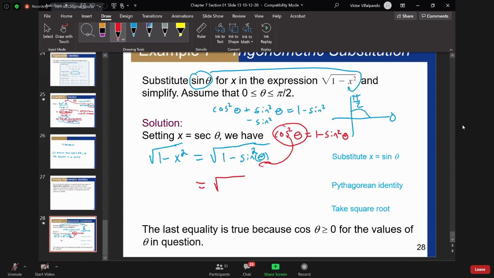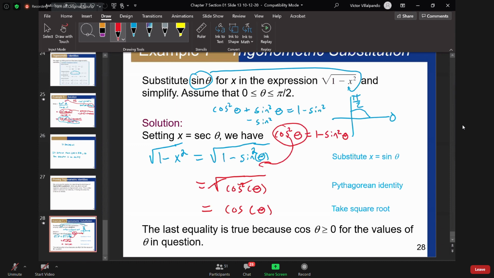We get the square root of cosine squared of theta. And then what's going to happen with the square root and the square, which gives us a hint there in the blue, is to take the square root. We're left with cosine of theta. I forgot my close parentheses there. And we are left with cosine.